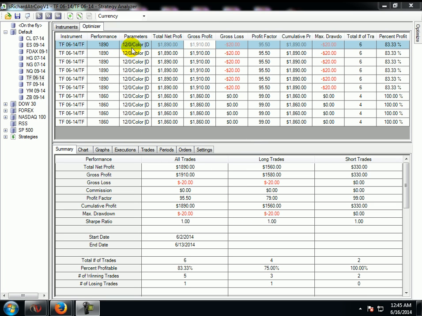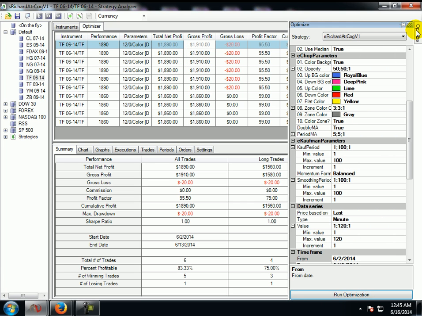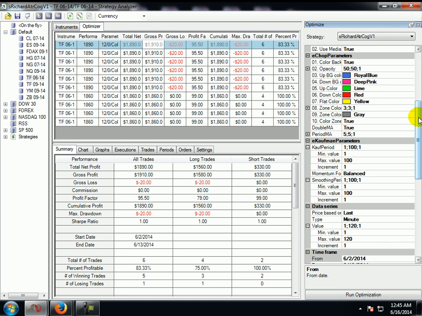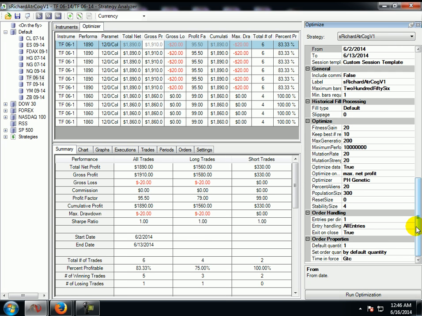Okay, I think the last version I sent you, you can go ahead and run with. What you'll need to do is go into your optimization parameters, and I'll just go through these here.